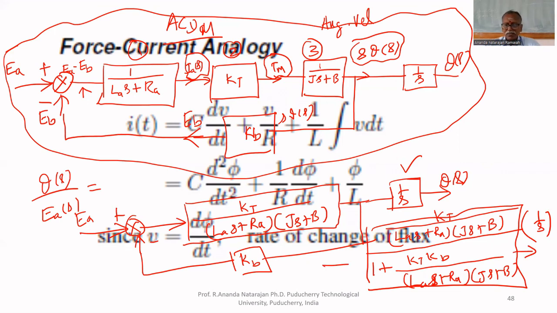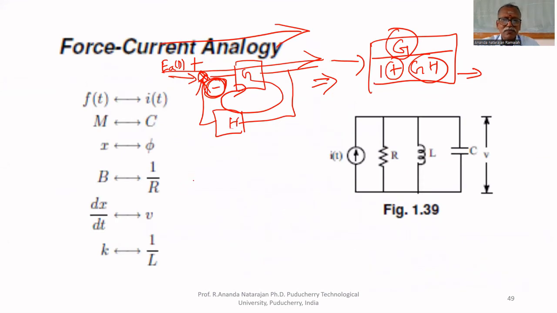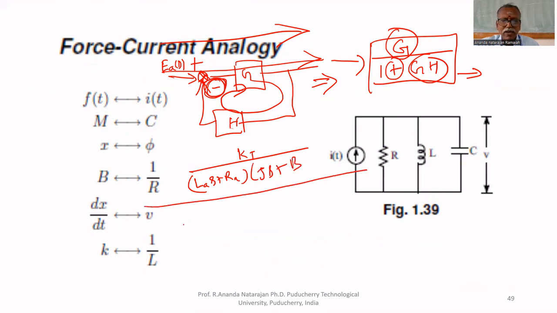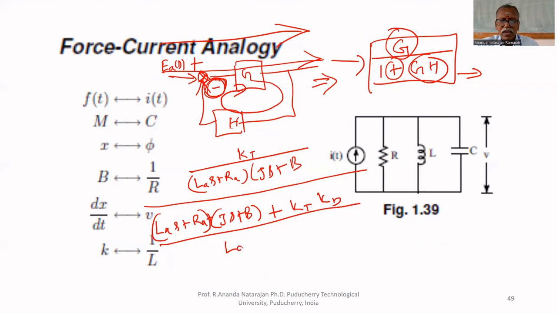Now we have to take LCM. If you take LCM, what you will get is KT upon LAS plus RA multiplied by JS plus B, whole divided by 1 plus, therefore, LAS plus RA multiplied by JS plus B plus KT KB, whole divided by LAS plus RA multiplied by JS multiplied by JS plus B. So these two get cancelled.